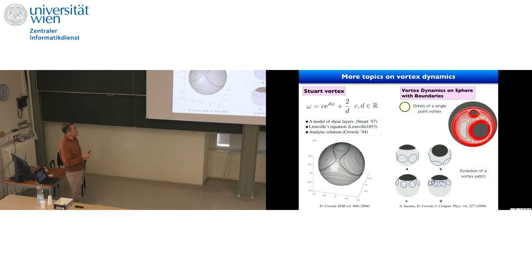We also have another paper on vortex dynamics on a sphere with boundaries. This was formulated by Darren Crowdy in 2008, in which they can deal with the evolution of point vortices or vortex patches in the presence of a very complex topography. This kind of paper can be applicable to many ocean problems in future.